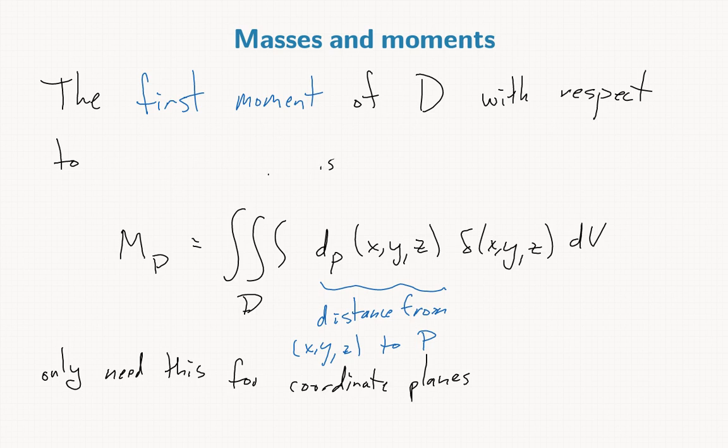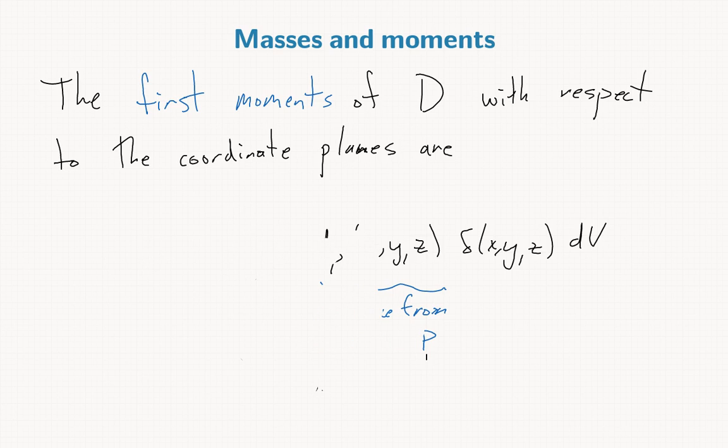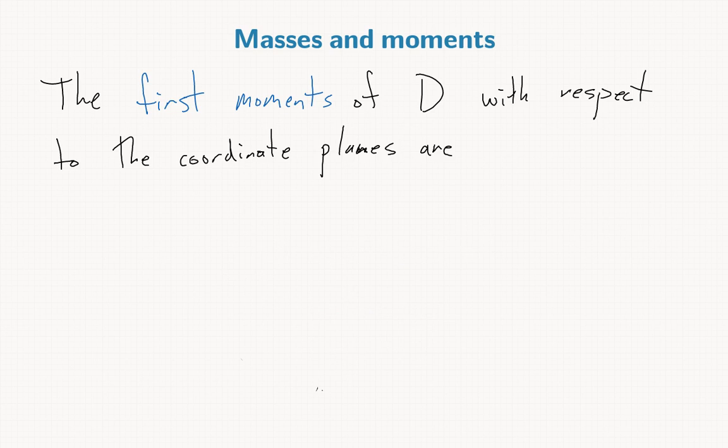So if we only care about the coordinate planes, there are 3 coordinate planes corresponding to omitting one of the 3D coordinates.